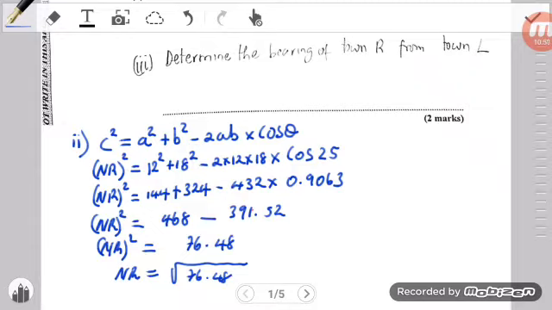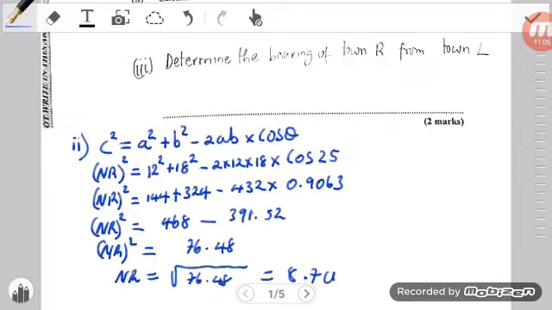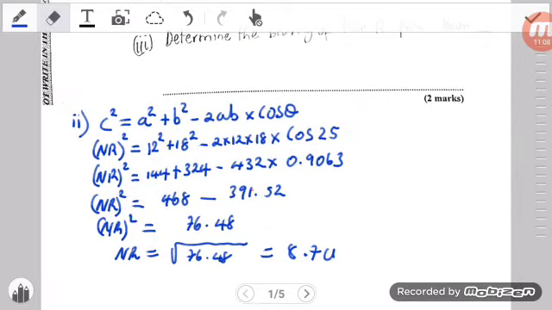which results in our length of NR being equal to 8.74, or 8.7. Is this centimeter? Is it? It is kilometer. So it's 8.7 kilometers approximately, and that is the result of part 2 here.